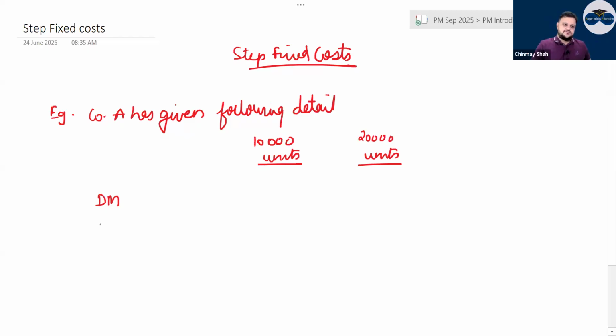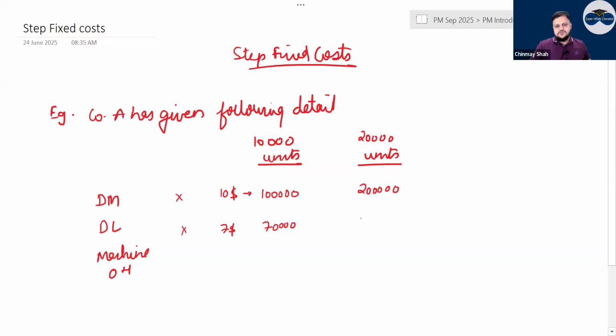Direct material, direct labor, machine overheads. I'm writing per unit cost. $10, so direct material $10 per unit at 10,000 units is 100,000. Here it is 200,000. Direct labor at $7 per unit is 70,000, 140,000.